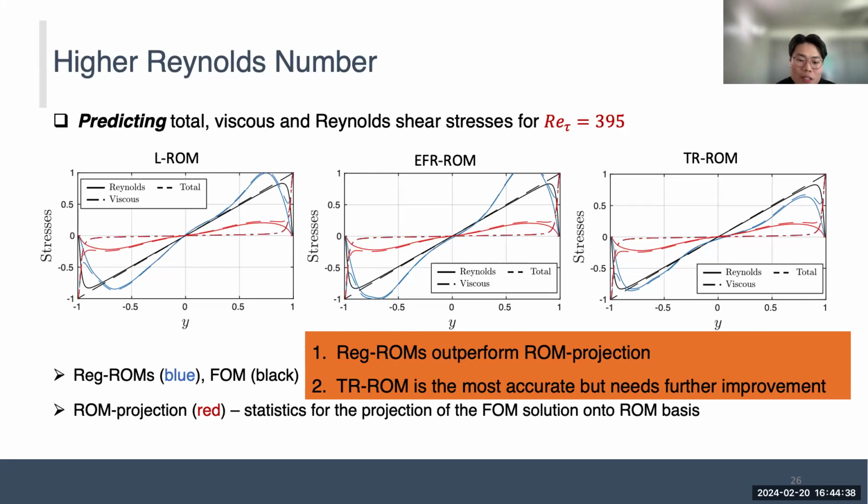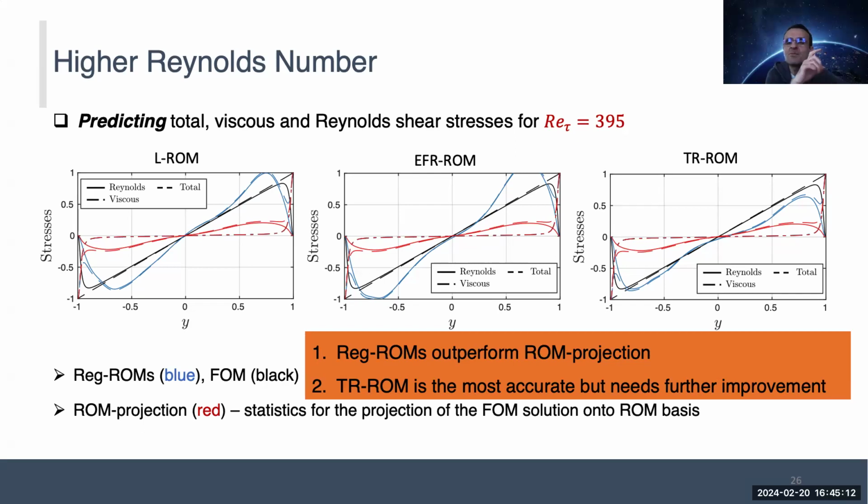In that sense, the ROM projection is just optimal in the sense of reconstructing the velocity field. It's not about statistics. So if we use the best approximate velocity field, it doesn't imply that we'll get the best turbulence statistics. But we see that reg ROM can still outperform those, which is nice.